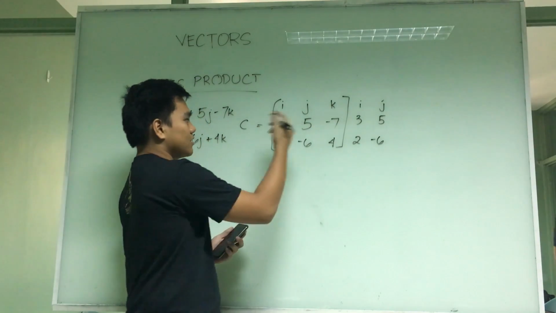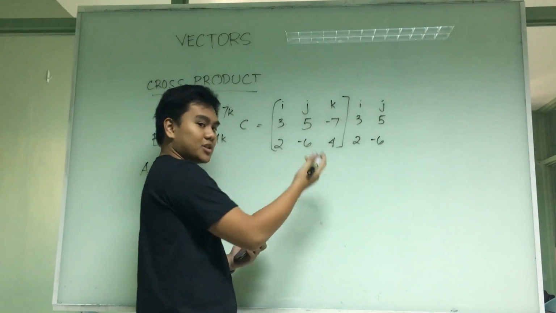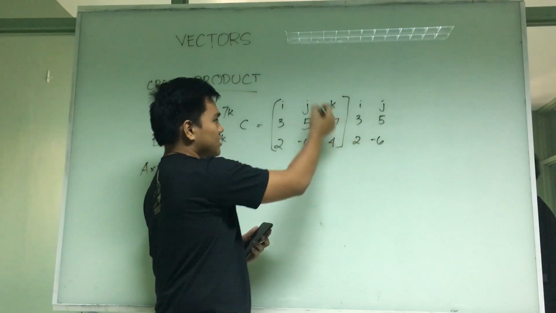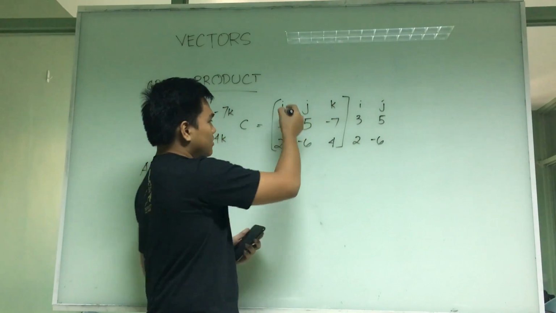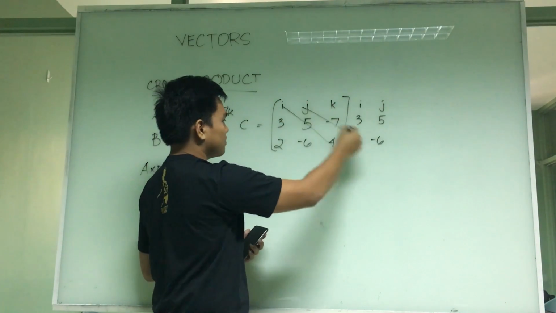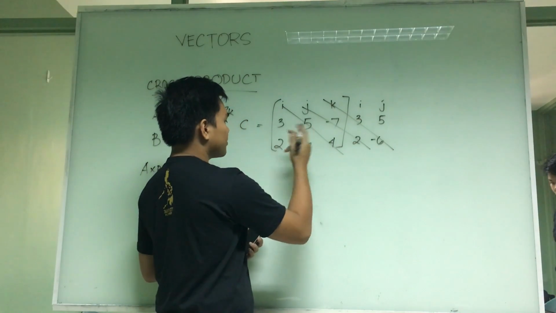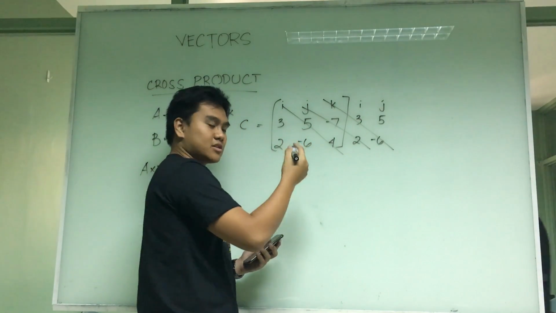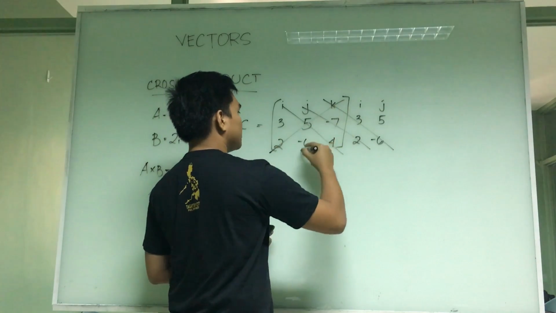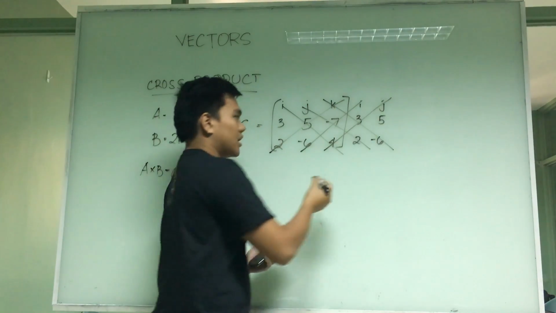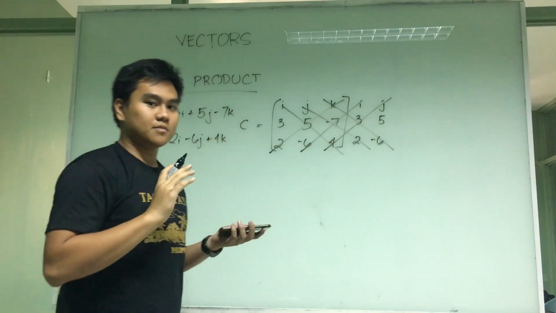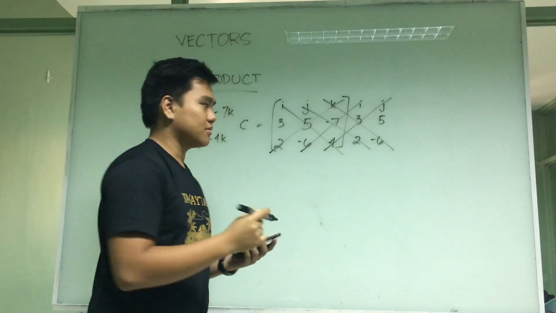Now, in the basket method, we will multiply the diagonals downwards, so this one, this one, this one. Next we're going to multiply the diagonals upward. After getting their products, we're going to add them all.